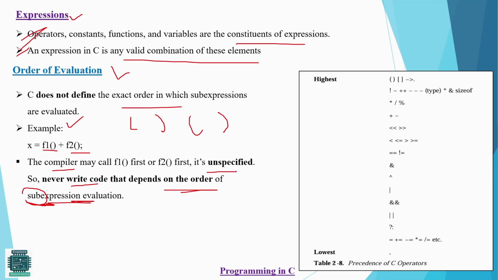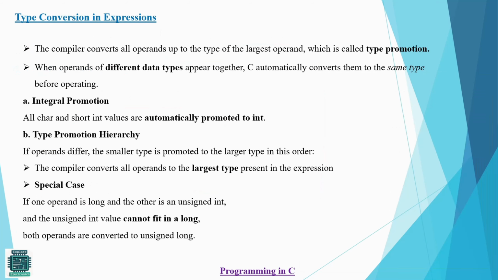Now this is the precedence of C operators from highest to lowest. Make sure you write this. And now, type conversion in expressions. What is meant by type conversion? We know about data types, right? Converting one data type into another is called type conversion.